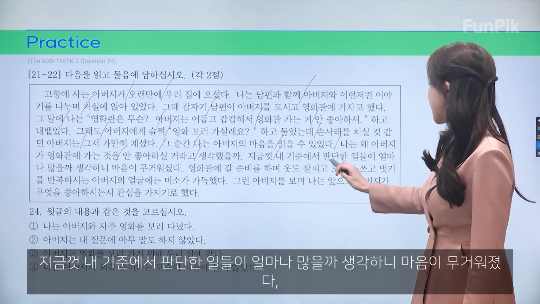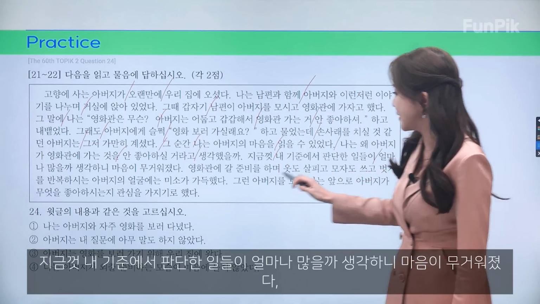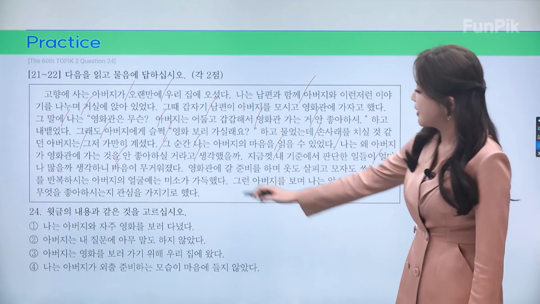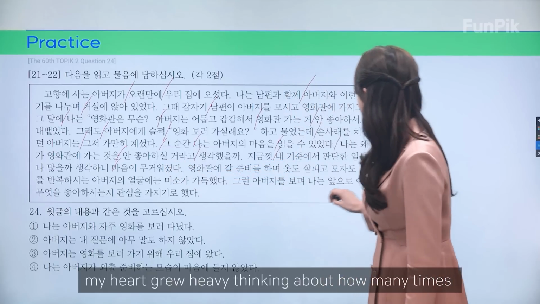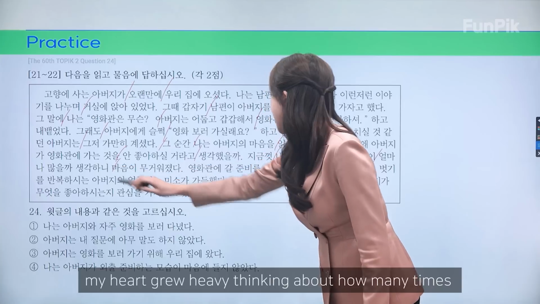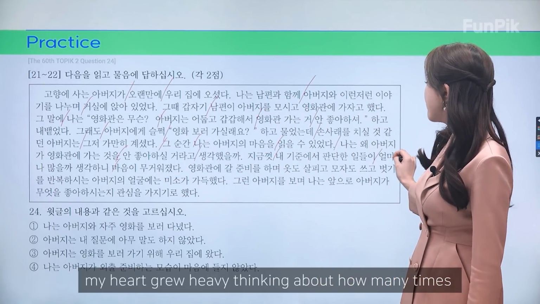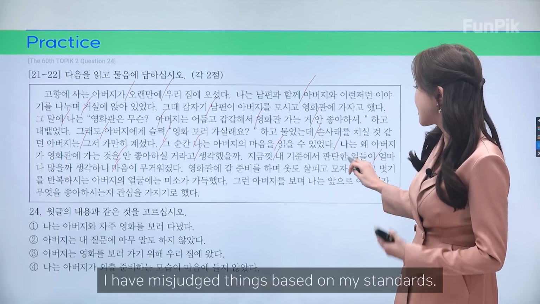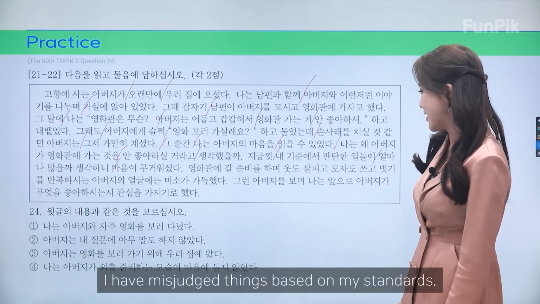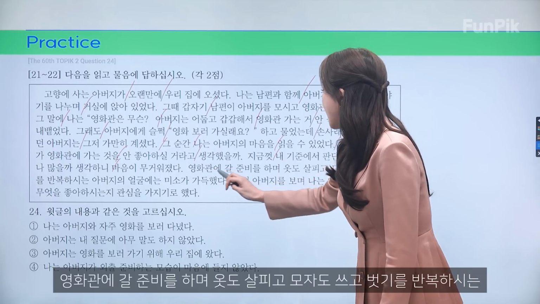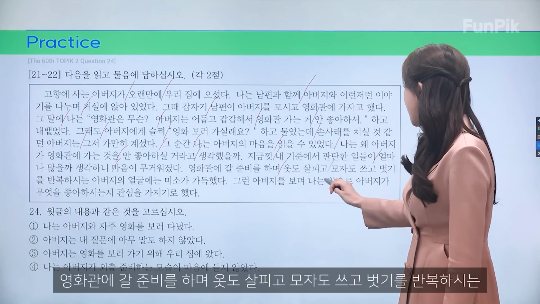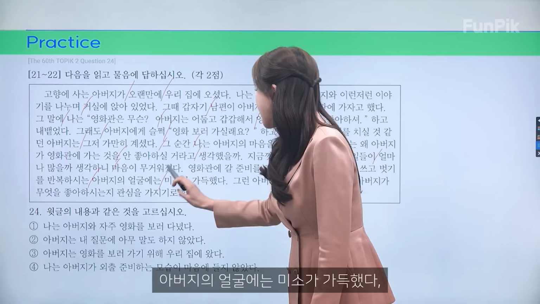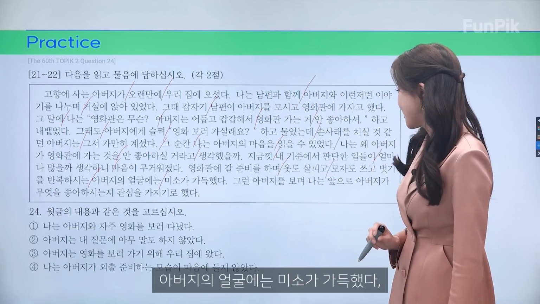지금껏 내 기준에서 판단한 일들이 얼마나 많을까 생각하니 마음이 무거워졌다. My heart grew heavy thinking about how many times I have misjudged things based on my standards. 영화관에 갈 준비를 하며 옷도 살피고 모자도 쓰고 벗기를 반복하시는 아버지의 얼굴에서는 미소가 가득했다.